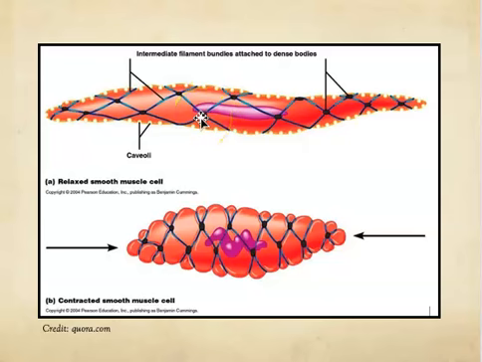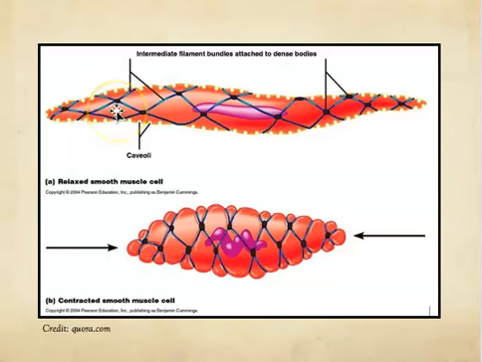When calcium floods into the cell and binds to the calmodulin, it's going to trigger the myosin heads to start forming cross bridges with the thin filaments. The myosin thick filaments are going to pull the thin filaments on top of themselves. You're going to get a shortening of that area, that region of the net.